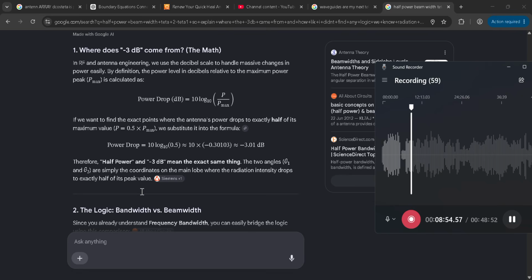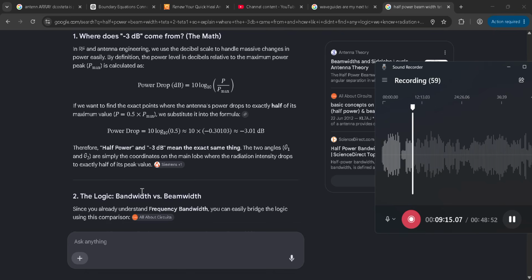Therefore, minus 3 dB is just engineering shorthand for the point where the power is cut in half. Comparing the two concepts directly makes the spatial logic of an antenna easy to understand. What does it measure? Frequency bandwidth measures signal strength across frequencies, while angular beamwidth measures signal strength across physical space, or angles.